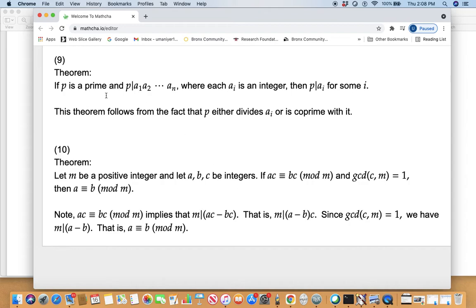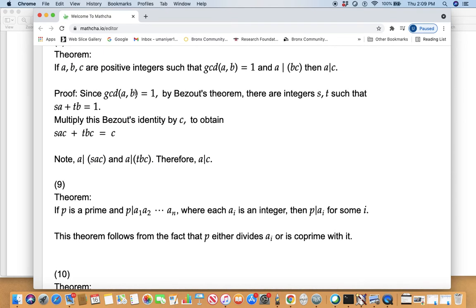Which brings us to another important result. If p is a prime number and p divides a product of integers, then it has to divide at least one of the integers, okay? Why not? What if it did not? Look at p and a1. Well, either p divides a1 or p and a1 are co-prime, that is, the GCD of p and a1 is 1, because p is prime.